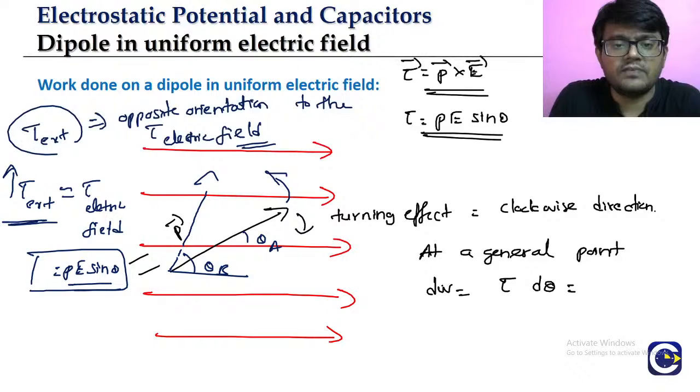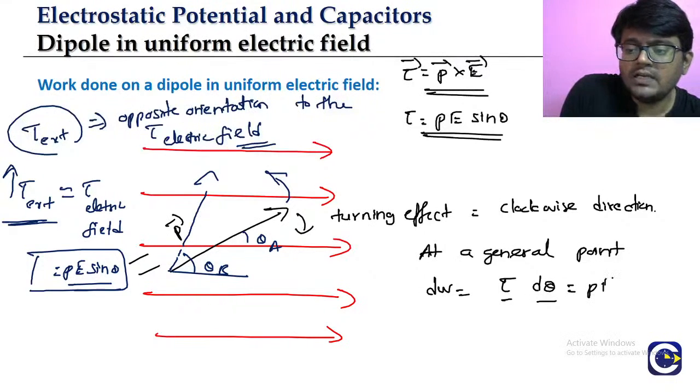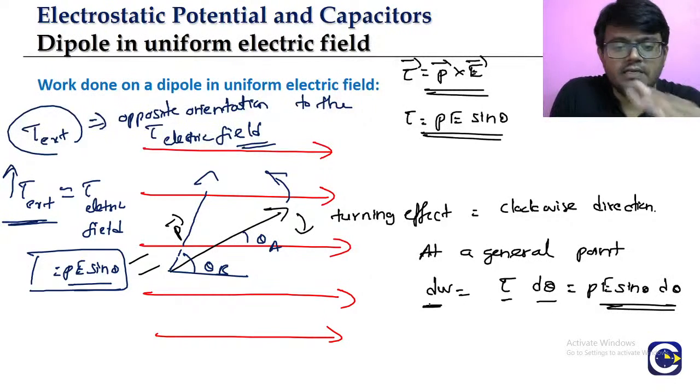In translational motion, work is force into displacement; in rotational motion, the work formula is torque into angular displacement. The torque value is p E sin theta, so this is the small work done in rotating by an angle d theta.